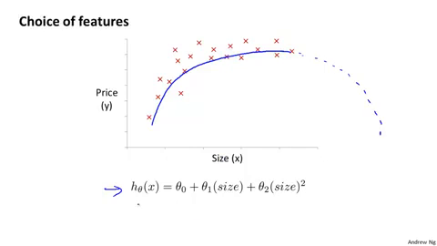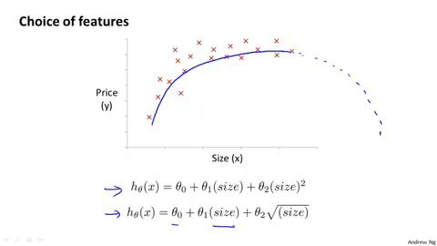But rather than going to a cubic model, you have maybe other choices of features, and there are many possible choices. But just to give you another example of a reasonable choice, another reasonable choice might be to say that the price of a house is theta 0 plus theta 1 times the size, and then plus theta 2 times the square root of the size, right?